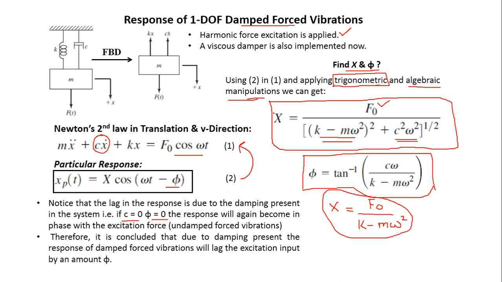So once we get the value of X and phi, we can substitute here in equation number 2, and we get the particular response of our inertia element, that is the response of damped forced vibration.